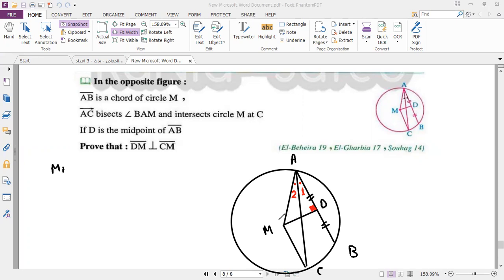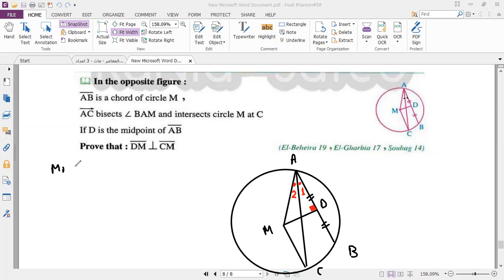So pay attention. We have a chord. AB is a chord, and AC bisects the angle BAM. So angle 1 is the same as angle 2. They are the same. And it intersects the circle M at C. If D is the midpoint, this angle is right.